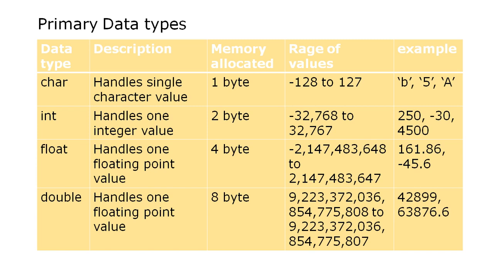So these are the data types, with their description, memory allocated, range of values, and examples that we can store in each data type.